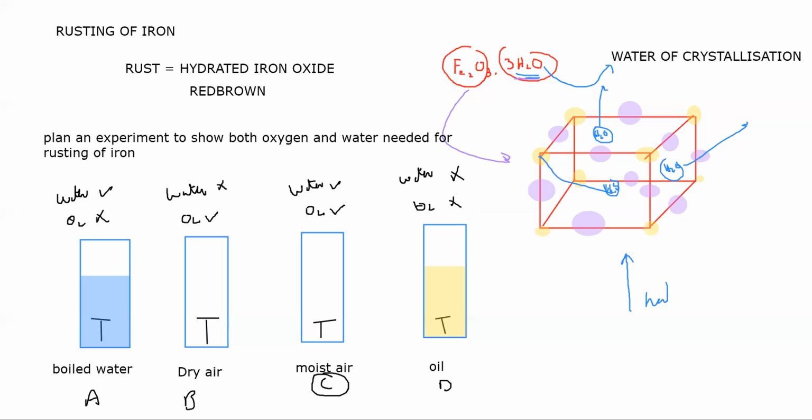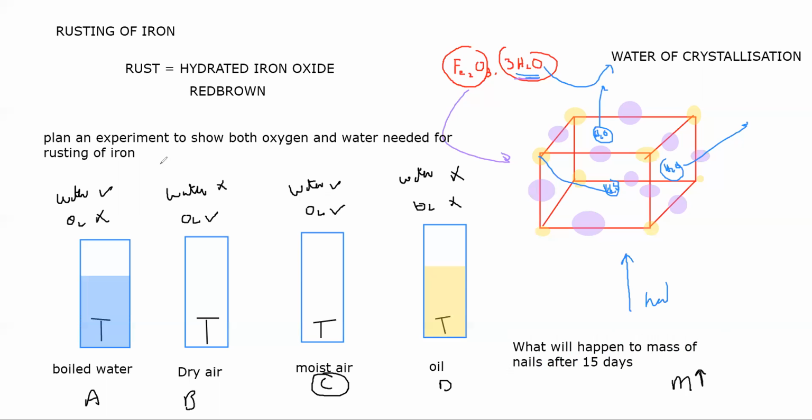But what will happen to the mass of the iron nail? Will it increase or decrease after 15 days? It will increase. When iron oxide is formed, it takes oxygen and water from the surrounding atmosphere, so the mass of the iron nail will increase.